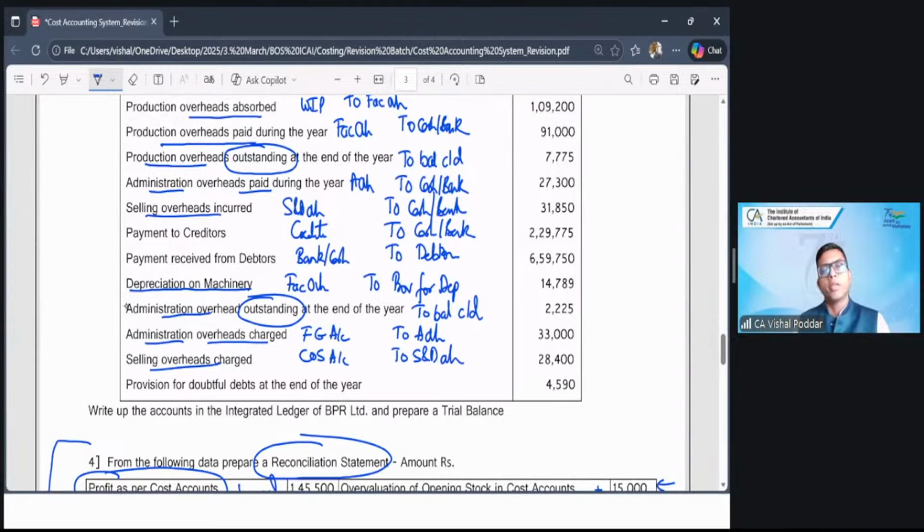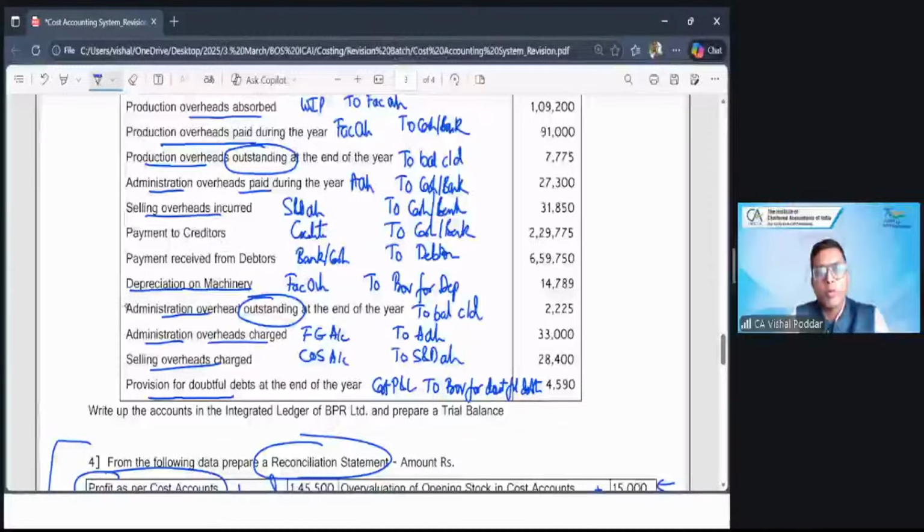And then they are saying provision for doubtful debts at the end of the year. So how will it happen? Provision for doubtful debts will happen by the entry. If you remember your 11th standard accounts, we used to debit the RDD.